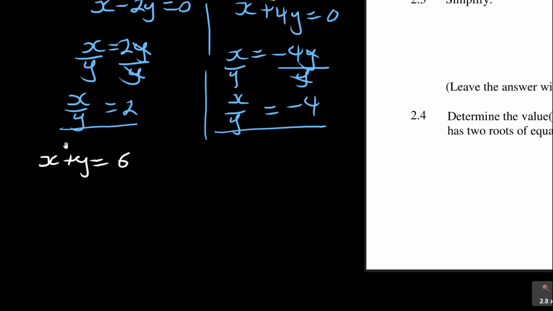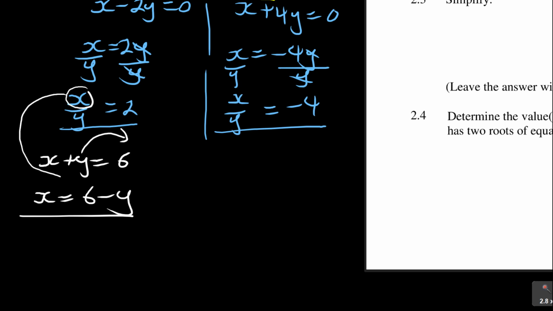You know, there are many ways of solving this. I can use those values because it's coming from that. But let me use this to say, if I take y to the other side, I'll say x is equal to 6 minus y.